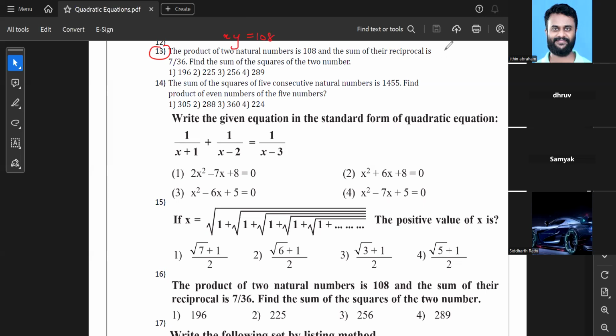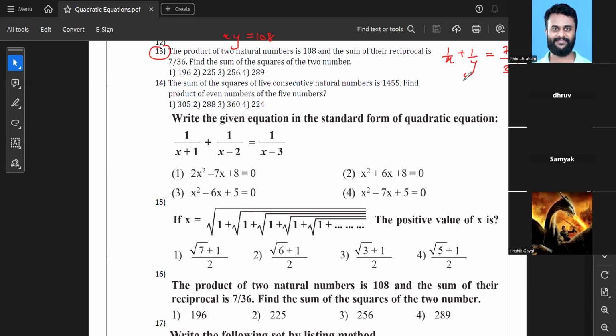The sum of their reciprocals, that is 1 by x plus 1 by y, will be equal to 7 by 36. So (x plus y) upon xy is equal to 7 by 36. We can substitute xy.